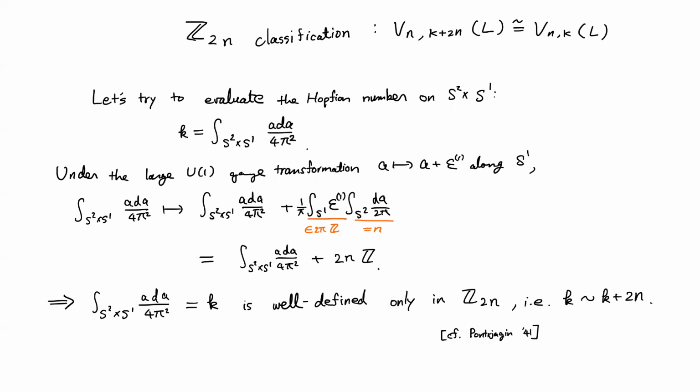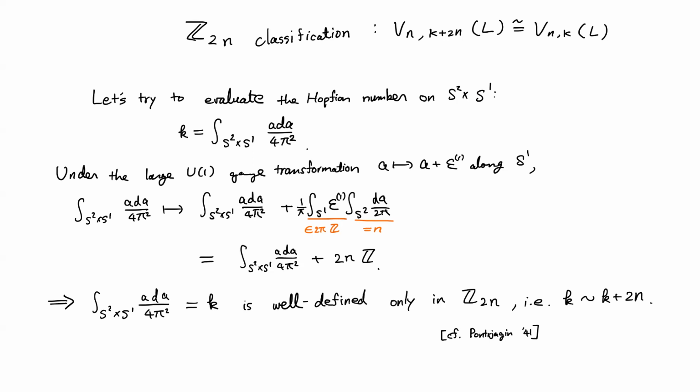Because this is a large gauge transformation, the integration of this gauge parameter epsilon along this S1 is 2π quantized. And the integration of dA over S2, the magnetic flux, is N for this vortex operator. So this Hopf number is ambiguous under gauge transformation, and it can be shifted by 2N times an integer. So the point is that this Hopf number on S2 times S1 is not a well-defined quantity as an integer, but it is well defined in Z_2N.